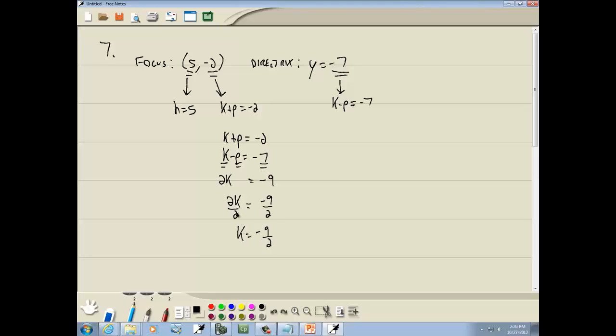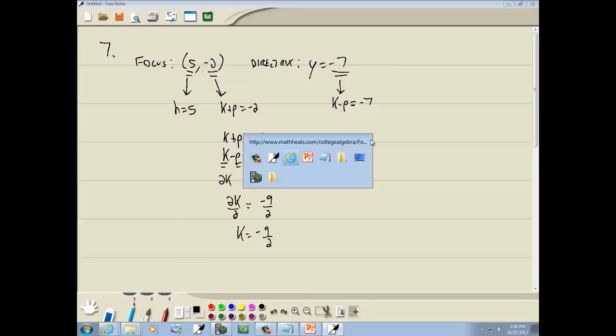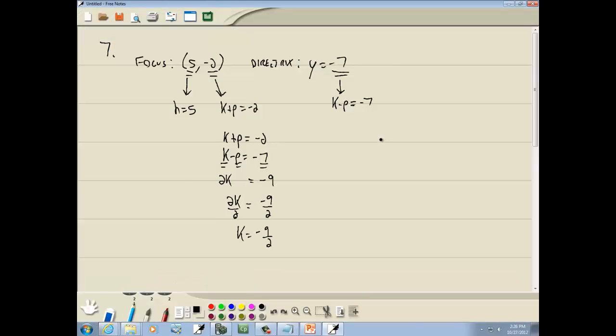That seems weird. Let me double check that. Okay, k plus p is equal to -2. K minus p is equal to -7. Put those together, 2k. Well, sure enough. So now we have h and k. We need p.